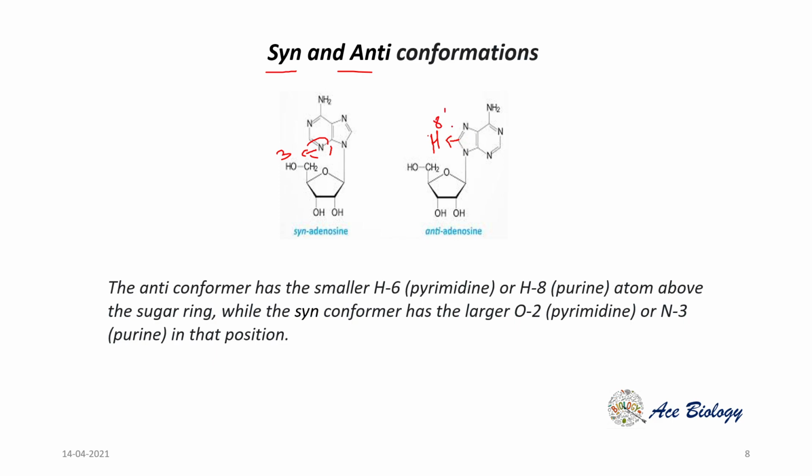At the position 8, this hydrogen atom will be present, and it is just above this pentose sugar group. So whenever we are having hydrogen atom just above the pentose sugar group, it will be anti-conformation, and whenever we are having a nitrogen atom group, that is N3, we'll be having syn conformation.